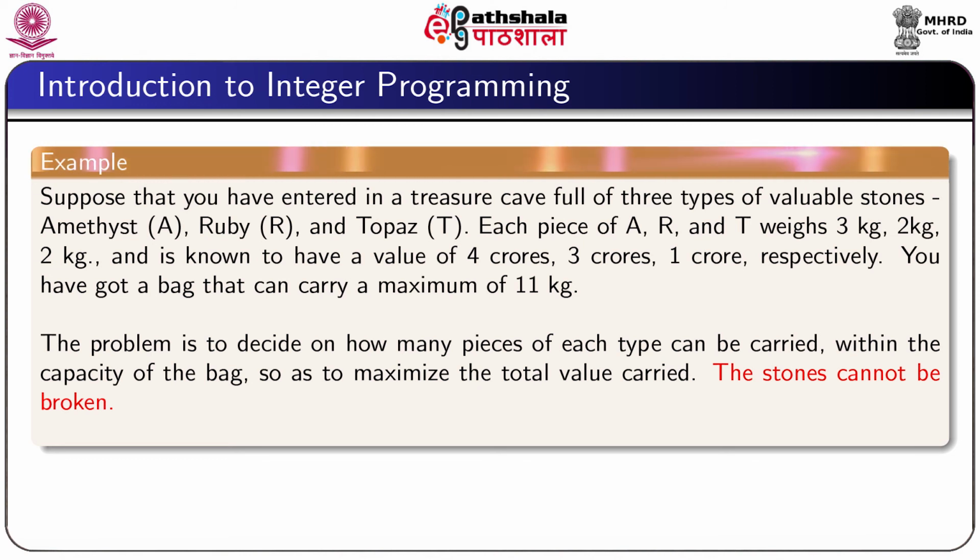And it is also known that the value of amethyst is 4 crores per piece and ruby is 3 crores per piece and topaz is 1 crore per piece.